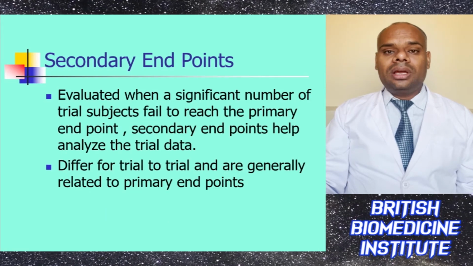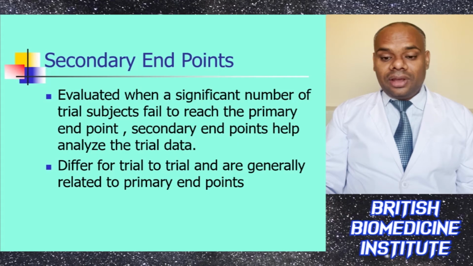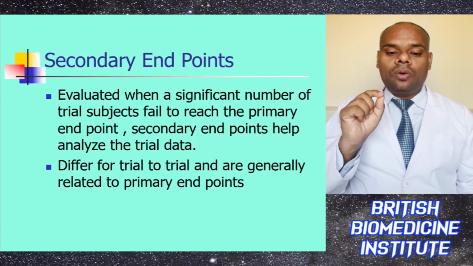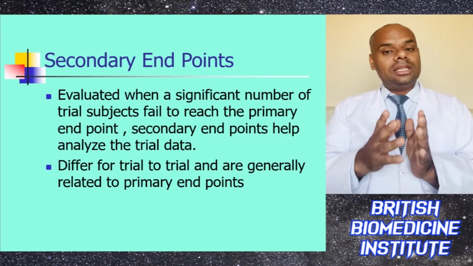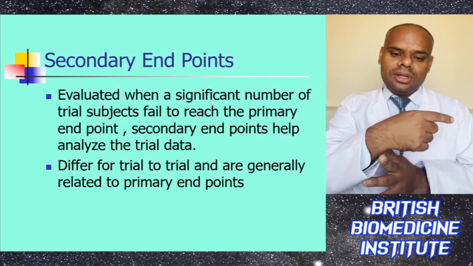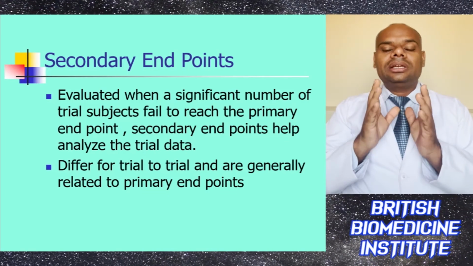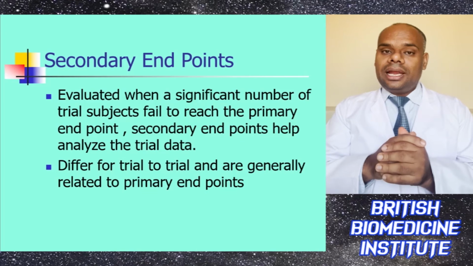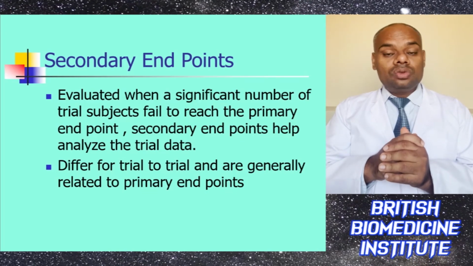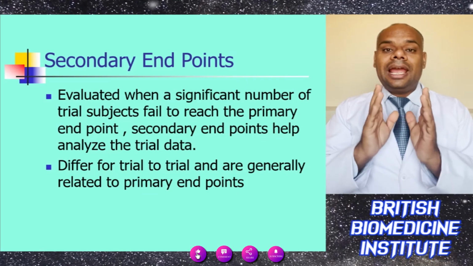Secondary endpoints are basically evaluated when a significant number of trial subjects have failed to reach the primary endpoint, and secondary endpoints help in analyzing the clinical trial data. They differ from trial to trial and are generally related to primary endpoints.